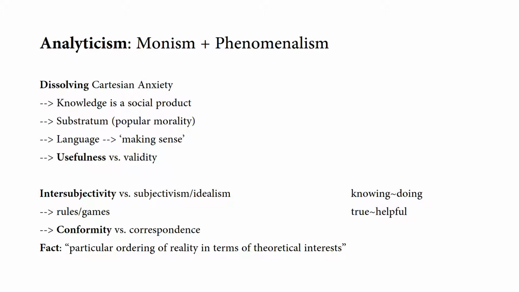So then what knowledge becomes is a social product. And if we take knowledge to be a social product, we have to evaluate it in terms of its contributions to life.